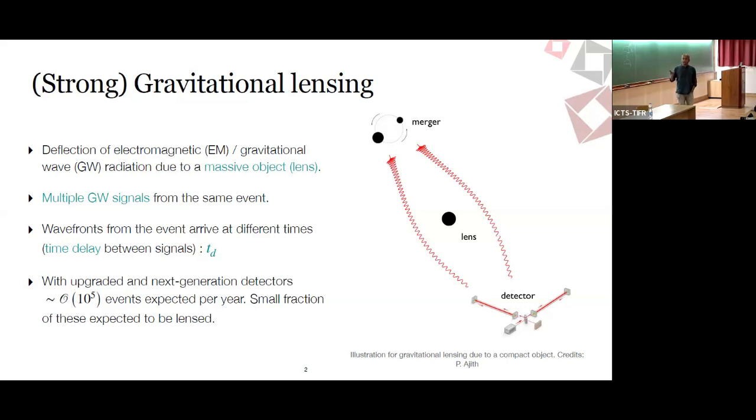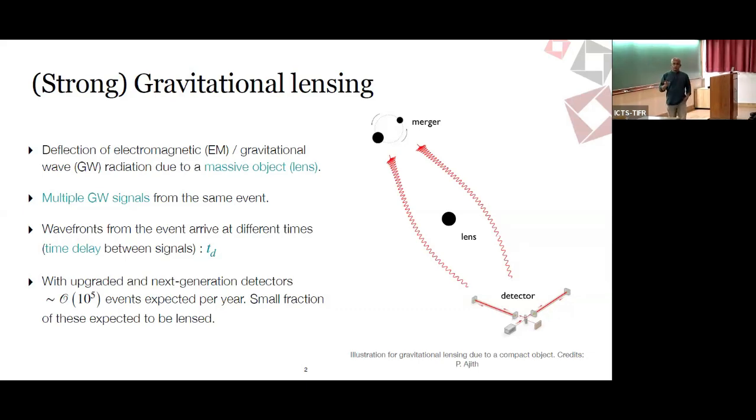Therefore, it might sometimes lead to multiple such GW signals from the same event. So what you are observing is not just a single event, but a copy of one event, but with some phase difference, etc. So this is what is known as strong gravitational lensing.